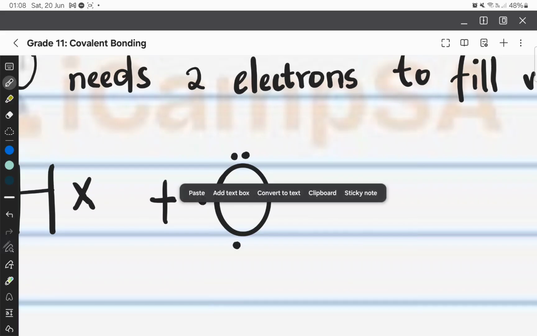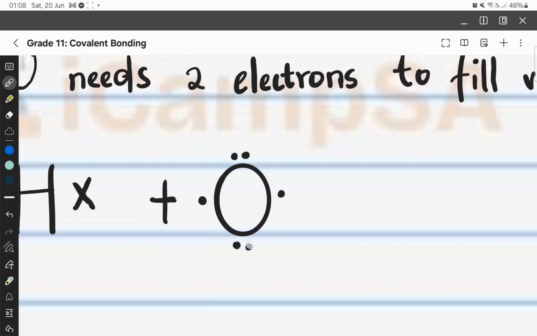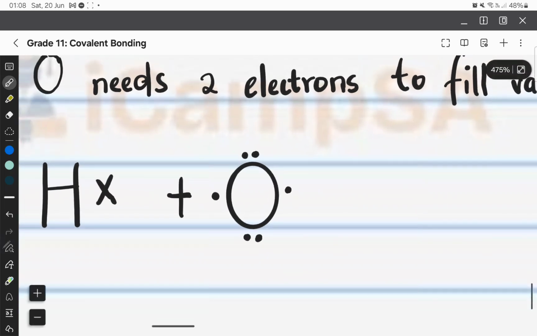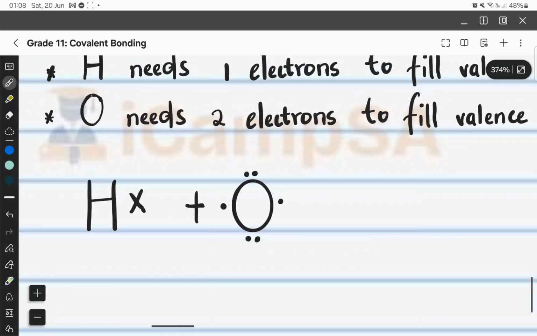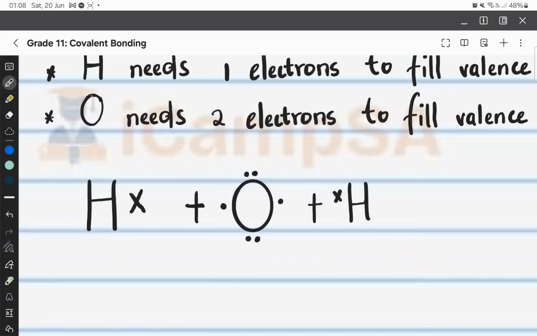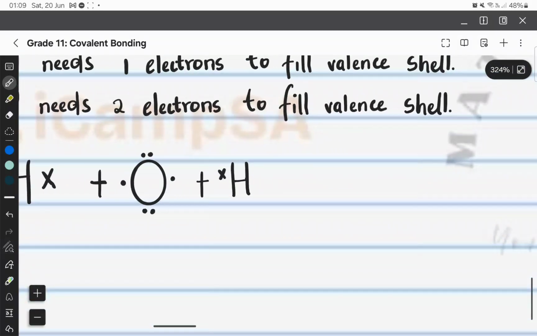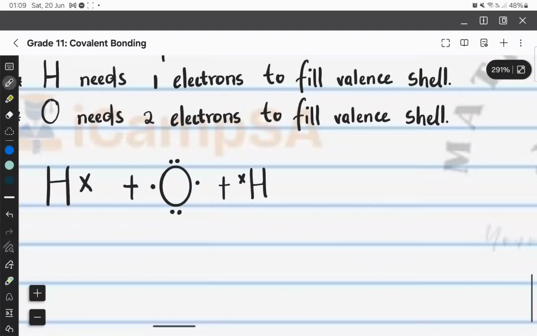I'm putting them here just for my convenience. So it has 6 valence electrons with 2 lone pairs. These are the pairs of electrons that won't really participate in my covalent bond. Of course, they need a special type of covalent bond to participate, but I will show you later on what that looks like.